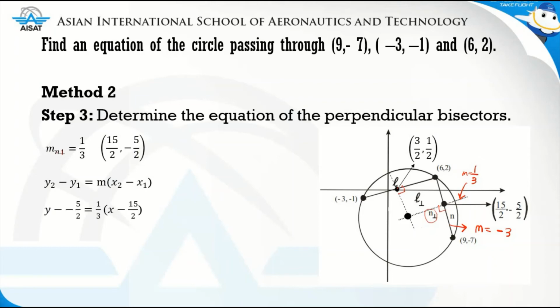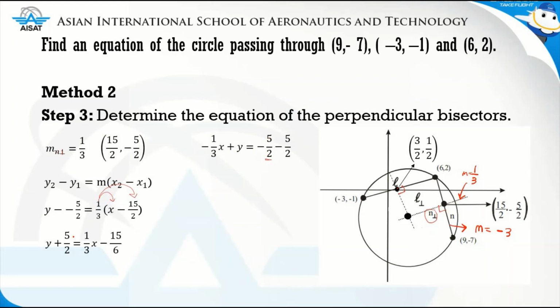So we have y minus negative 5/2 is equal to 1/3 times x minus 15/2. Simplifying it, you'll have y plus 5/2 is equal to, distributing 1/3 to x and 15/2, 1/3 x minus 15/6. Simplifying 15 over 6, both of them are divisible by 3, that becomes negative 5 over 2.